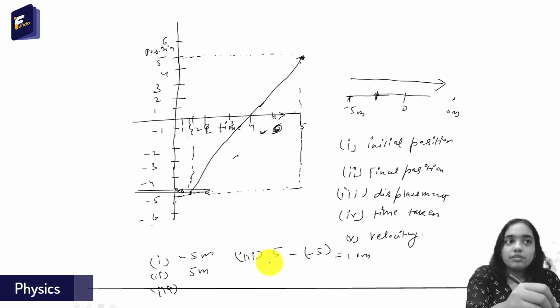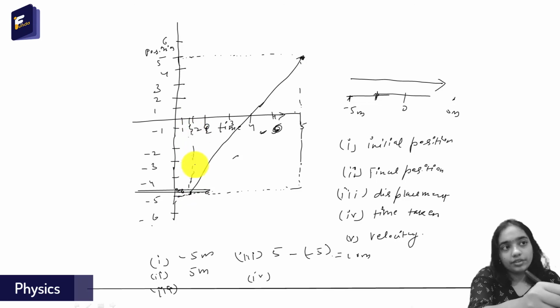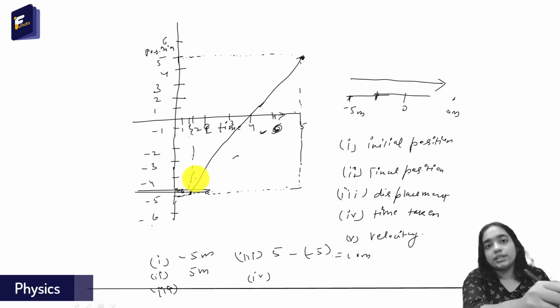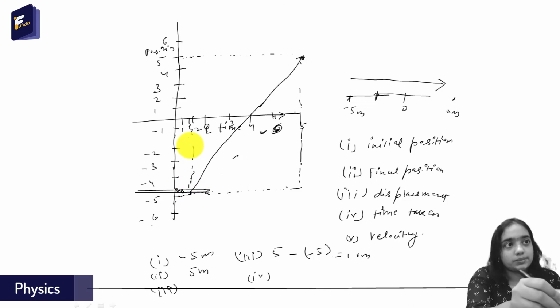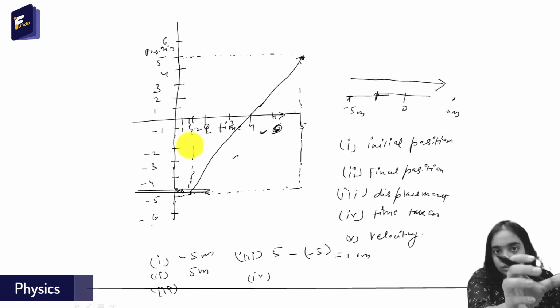So from this graph, you have to tell me the time taken. That is the fourth question. Here it started from t equal to 2 seconds. I have given the dotted line. That means at the initial position, x equal to minus 5 meter, the time was t equal to 2 seconds. And when it went to x equal to 5 meter, the time was t equal to 5 seconds. So what is the length of time?